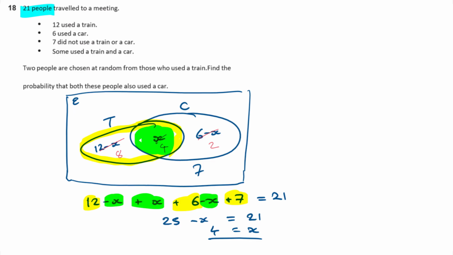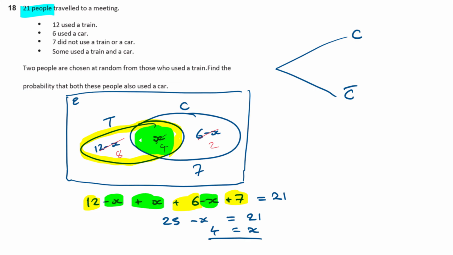So what's the probability? If I pick 2 at random, they're both going to be in this section here. Okay, so I'm going to do that using a tree diagram, because this is the other more complex sort of picking selections. It's what we call dependent probability, or selection without replacement. So if you think about it, I'm picking whether or not they used a car or didn't use a car as well as the train. Okay.